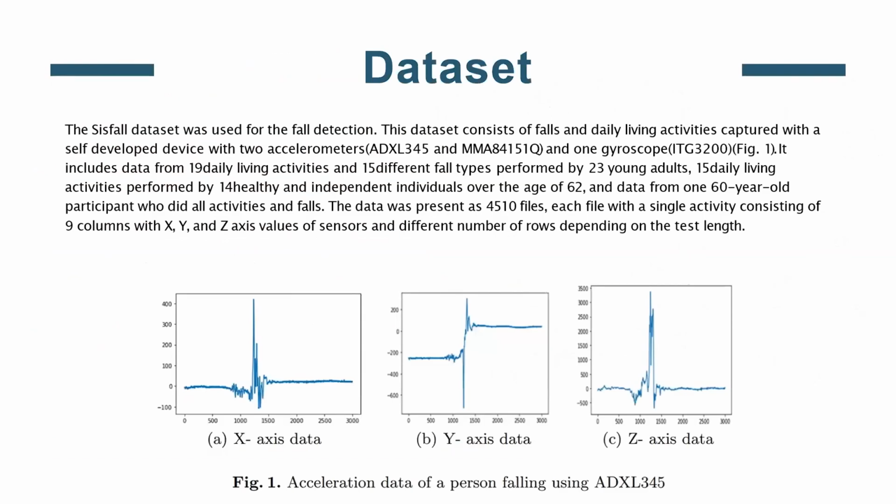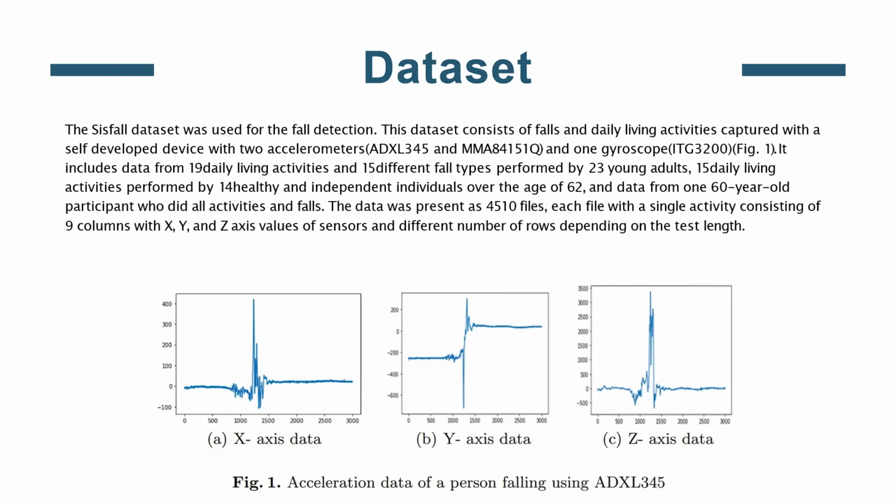Dataset. The SisFall dataset was used to detect falls. This dataset contains falls and daily living activities recorded with a self-created device equipped with two accelerometers, which are ADXL345 and MMA8451Q, and one gyroscope, which is ITG3200.